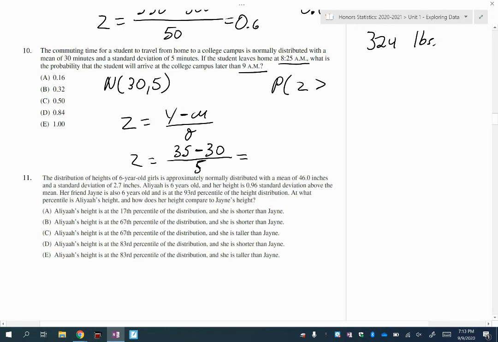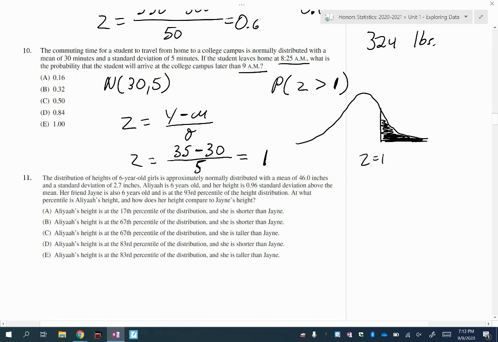So 35 minus 30 is 5, divided by 5 is 1. So I'm going to find the probability that my z-score is greater than 1. I have 1 here, and I'm shading to the right because it has to be later than 9 a.m., so later than that z-score of 1.